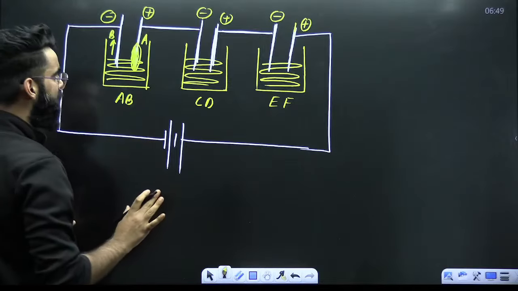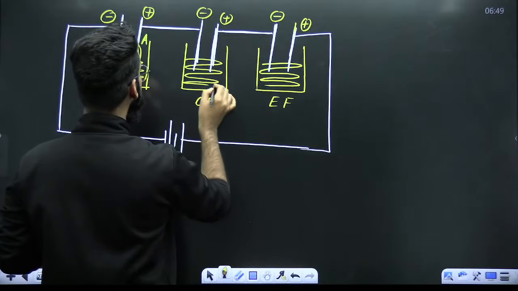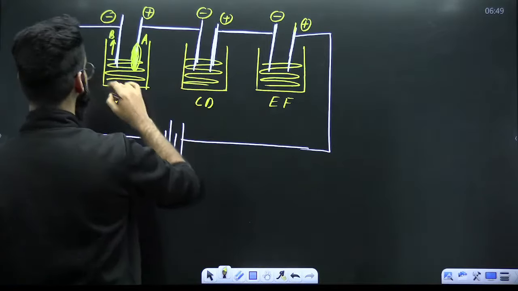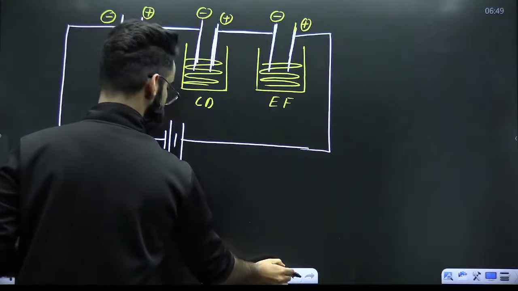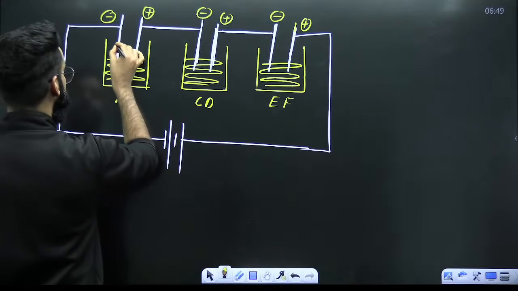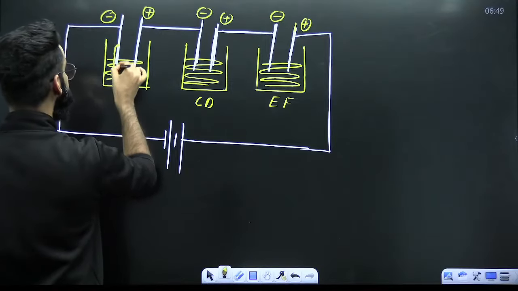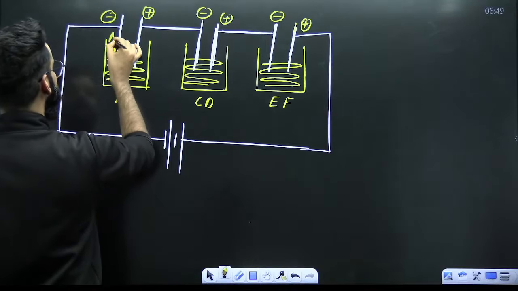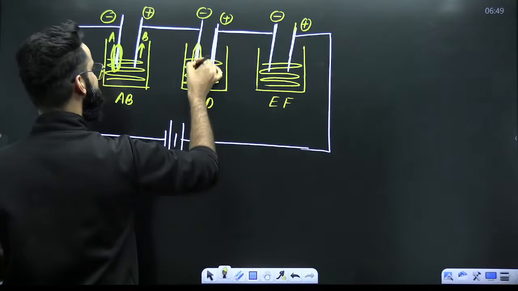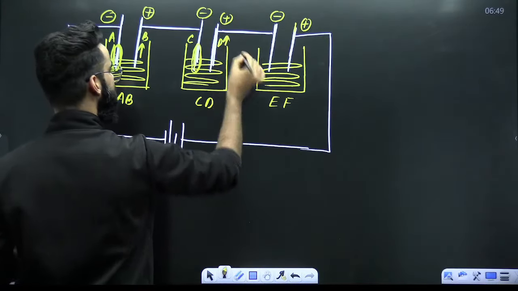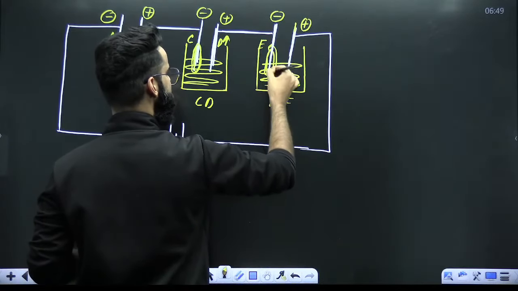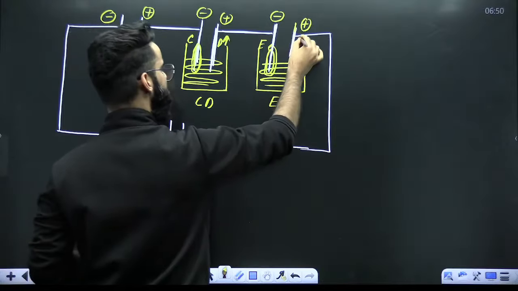For example, just to make you understand, let's say here C is getting deposited, and here D is getting liberated. For example, here on this electrode, let's say E is getting deposited, and here F is getting liberated. This is something which I'm assuming.